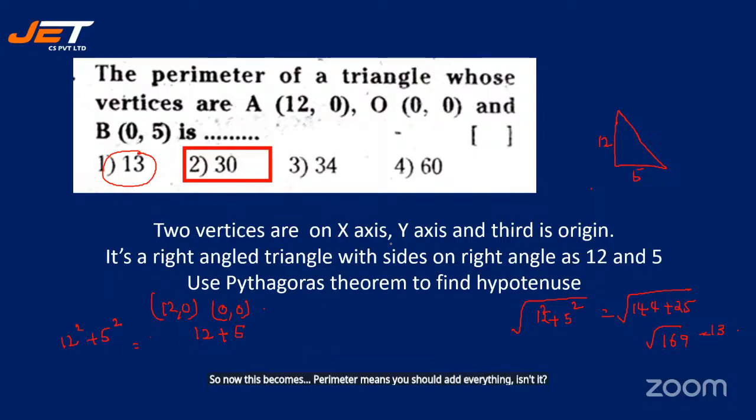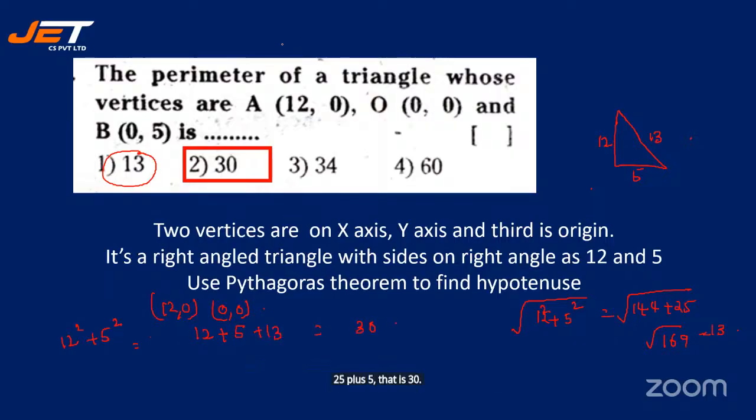So see, two vertices are on the x-axis and y-axis, and the third is the origin. So it is a right angle triangle with sides at the right angle as 12 and 5. We have found out the hypotenuse as 13. Right? So what is the perimeter? You have to add everything. So 12 plus 5 plus 13, 25 plus 5, that is 30.